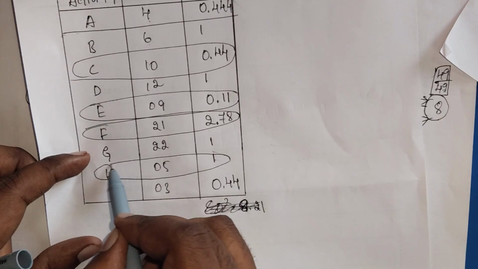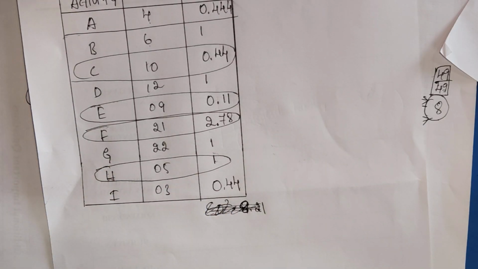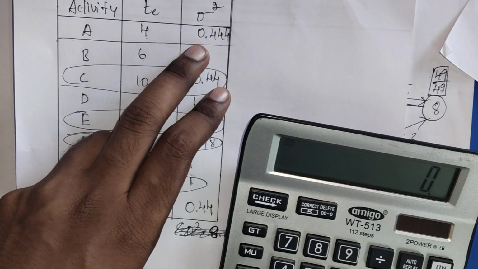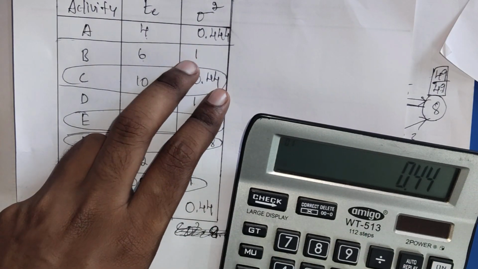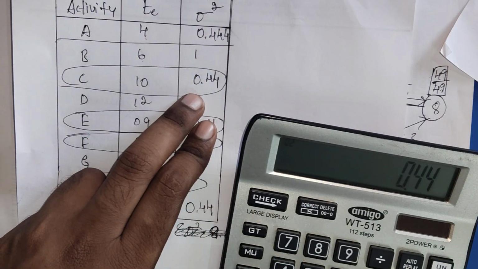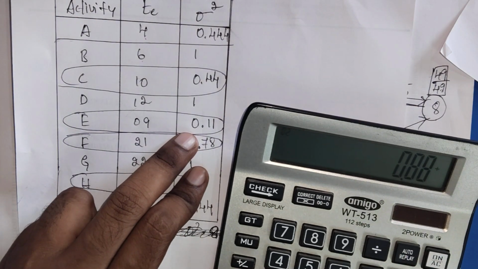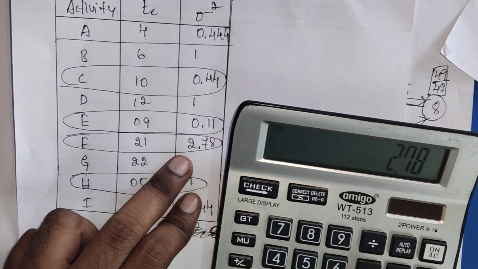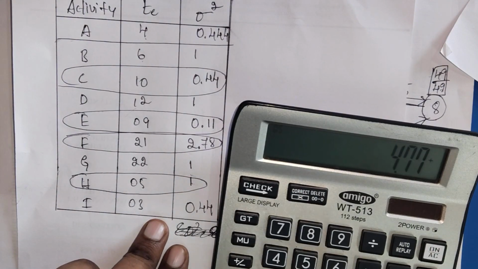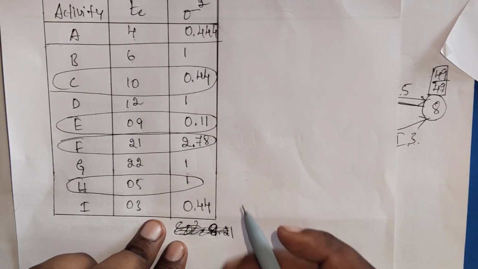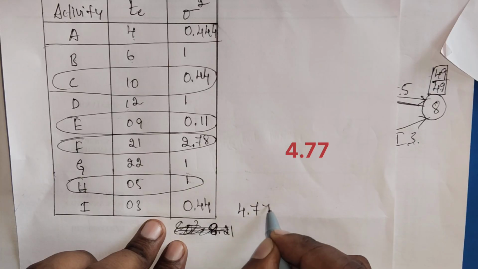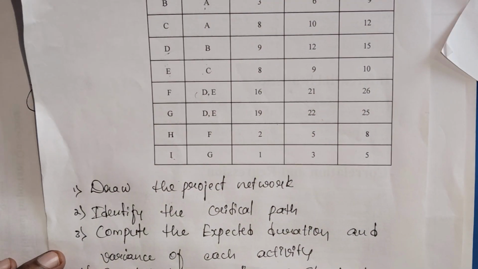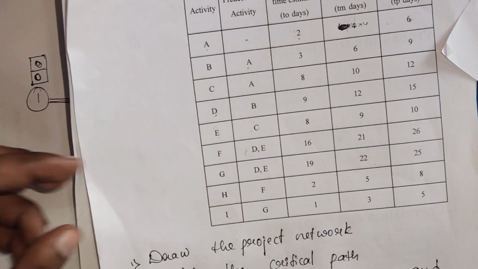Now adding up all the variances: 0.44 plus 0.44 plus 0.11 plus 2.78 plus 1 is equal to 4.77.